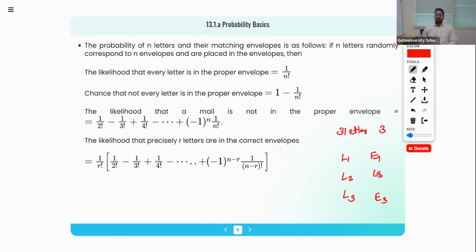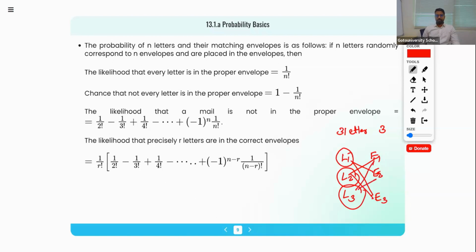Now my question is how many different ways you can arrange these letters in envelopes in such a way that no letter goes to the right envelope. For example, L1 has to go to E2 or E3. Whereas L2 has to go to either E1 or E3 only, not E2. Similarly, L3 should not go to E3, it should go to E1 and E2.